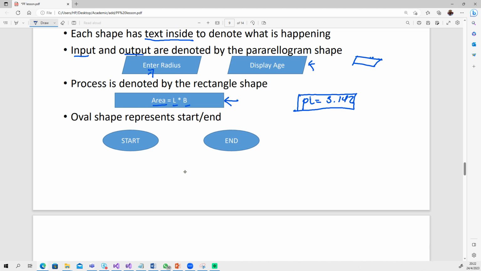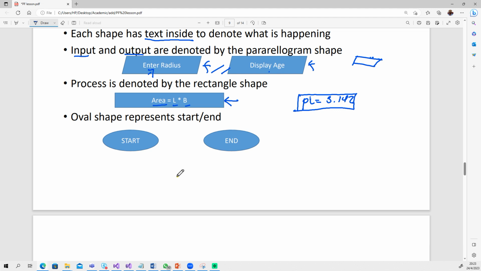Now make a difference between these. This is a parallelogram with slanting edges, as you can see here, and the same thing with the output. But output and processing are different. Input is where something is being entered, and oftentimes you see words like enter this value or read this value.